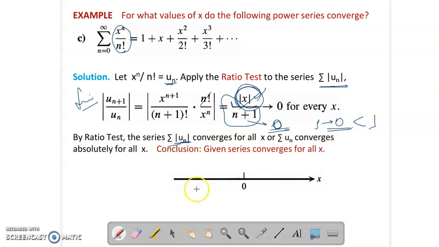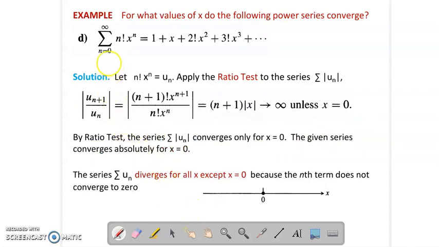So the series has to converge by ratio test, right? So this series of absolute values converges for all values of x, and hence the original series converges absolutely for all values of x, and hence the given series converges for all values of x. Okay.